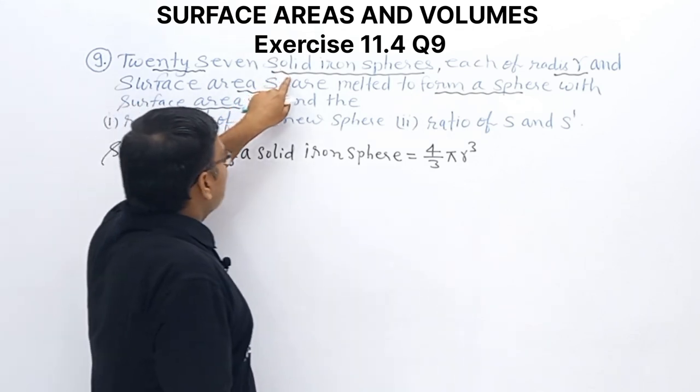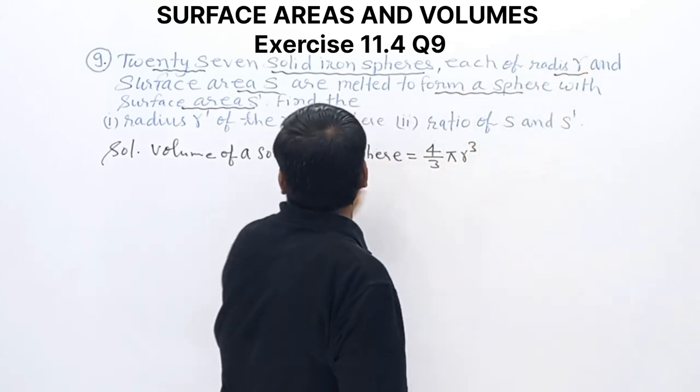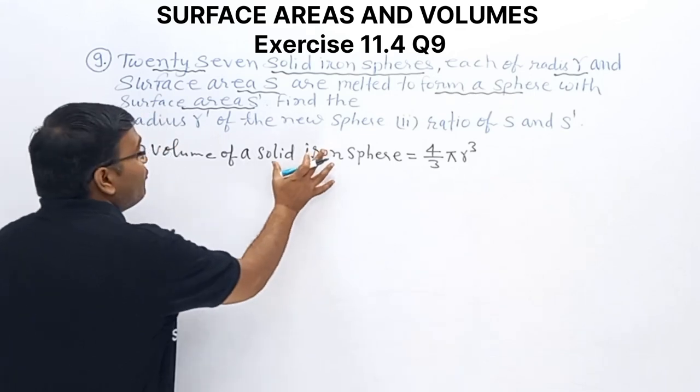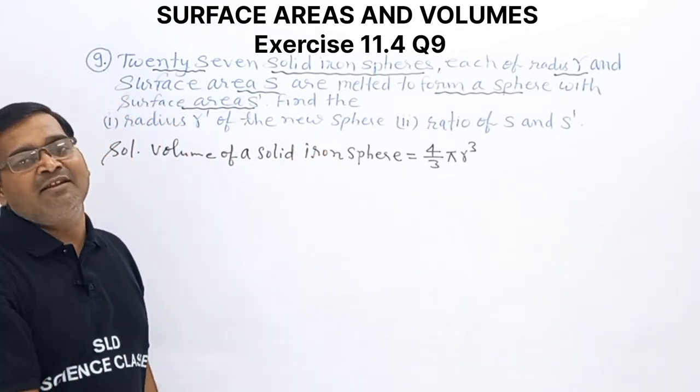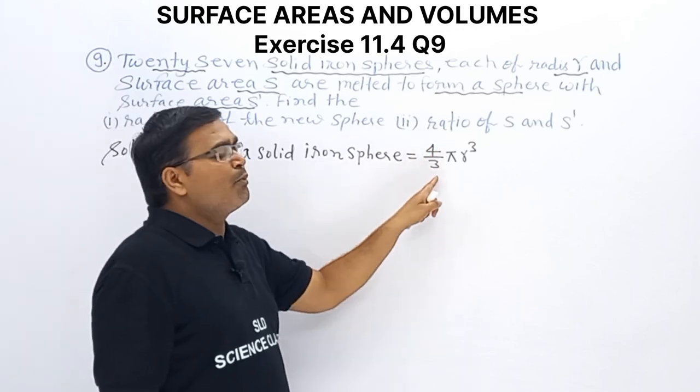The solid iron sphere has radius R. So the volume of one solid iron sphere is 4 upon 3 pi r cube.